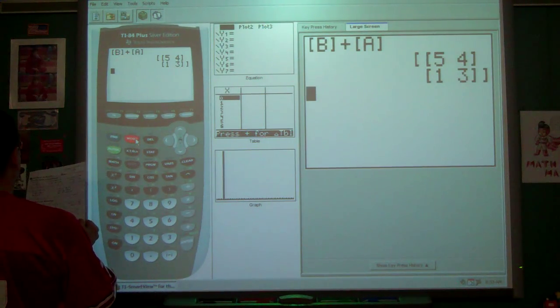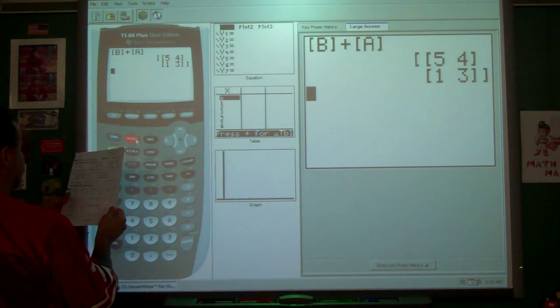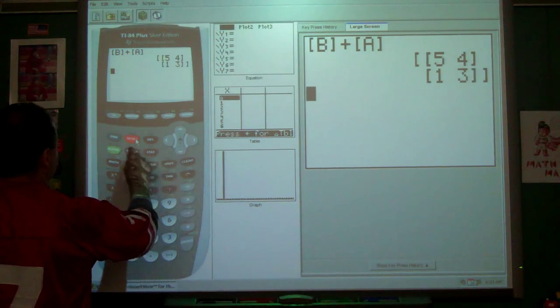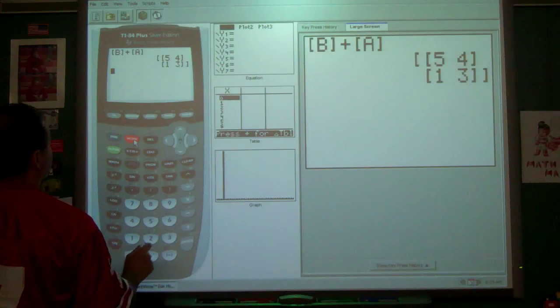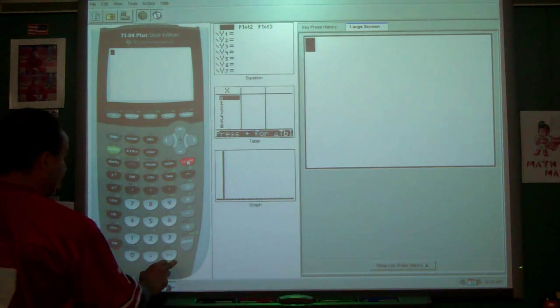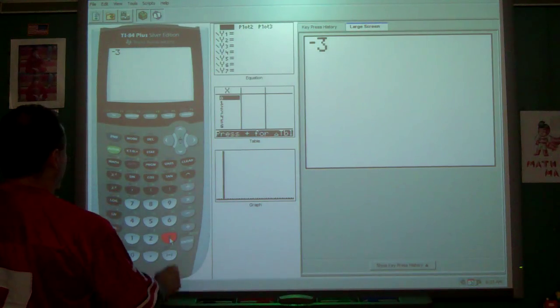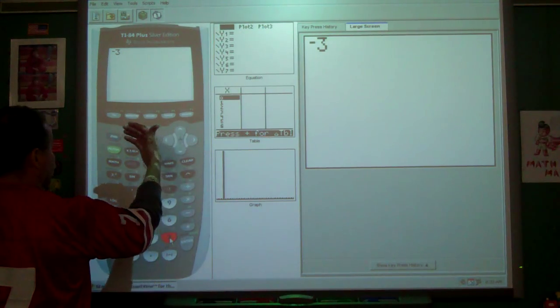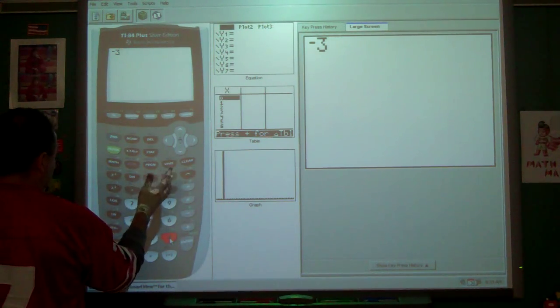The next, number 6, a little more interesting, -3. I'm sorry, second quit. Or clear the screen, I'm sorry. You always want to start with a fresh screen. So second quit didn't work there. -3. And then since you're multiplying, you just have to bring it up. Or you can press times, it doesn't matter.